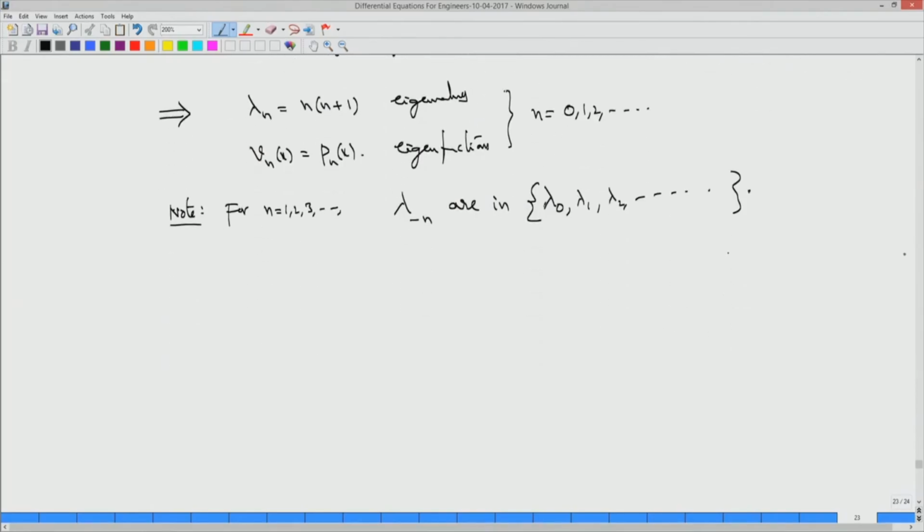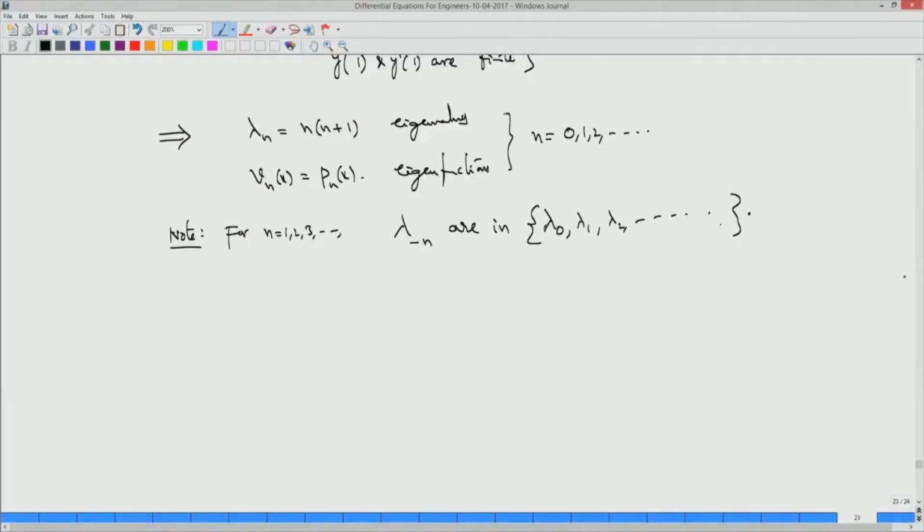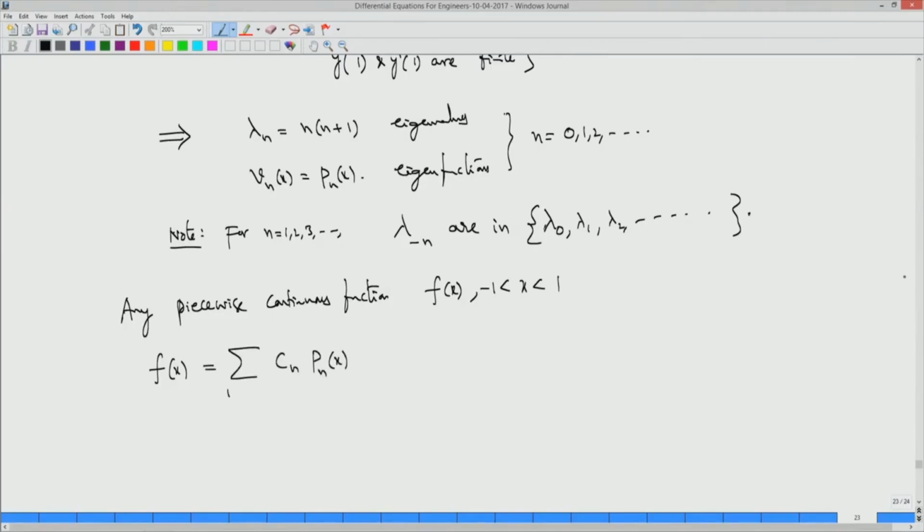So, once you have this, if you use the properties of these eigenfunctions, self adjoint operator or skew symmetric operator, any piecewise continuous function f(x), with x between minus 1 and 1, I can write in terms of Cn Pn of x, n from 0 to infinity, that is what I have.